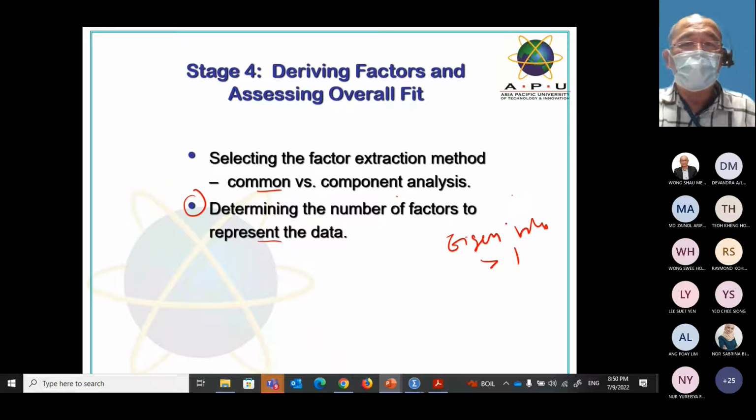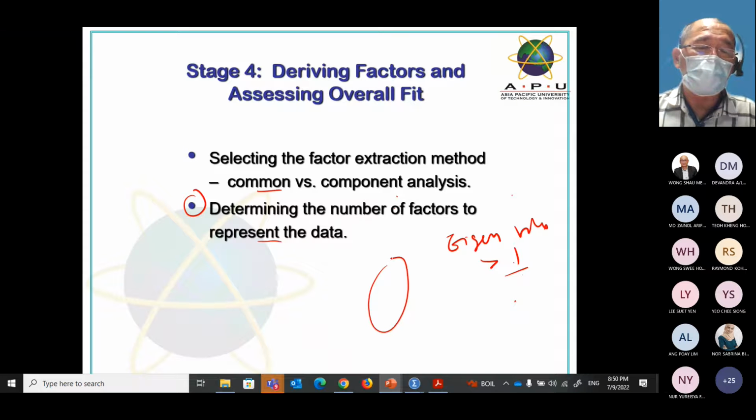More than one means they have higher relationship, high correlation among the variables. It means you have enough variables contributing to the factor. So you can use this method first.